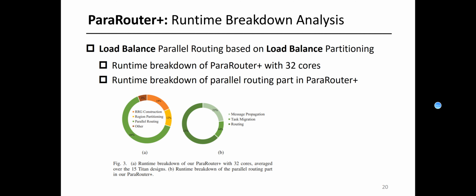Finally, we show the runtime breakdown. Our parallel plus with 32 cores averaged over the 50 pattern designs, and the runtime breakdown of the parallel routing part in our parallel plus is shown in figure B.